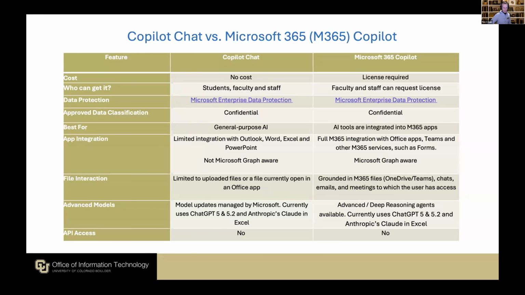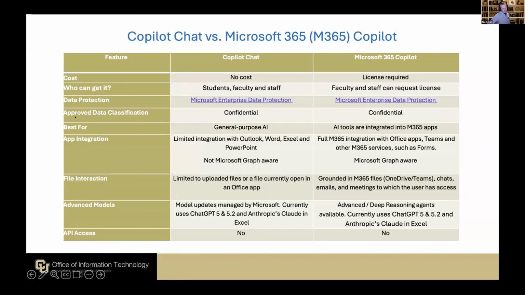In terms of what they're best for, Copilot Chat is probably best for general purpose AI, where you're asking questions about a document that you uploaded, or maybe a question about general knowledge available on the web. And then Microsoft 365 Copilot really brings that integration into the Microsoft 365 apps and the awareness of the data that you're working with and the people that you're working with.